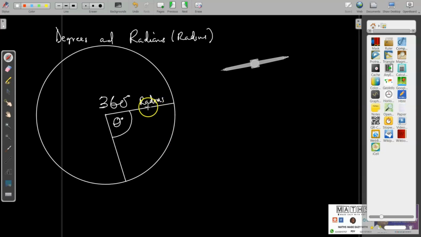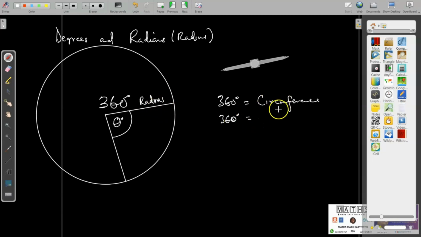So ideally, 360 degrees is equivalent to, yes, you have this idea in mind, whereby radius is found in there. Generally, we have the circumference of the circle known, right? How do you find the total circumference of the circle? That's where you can get radius in it.